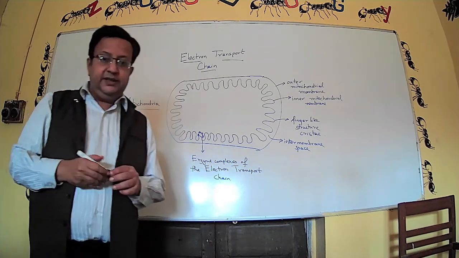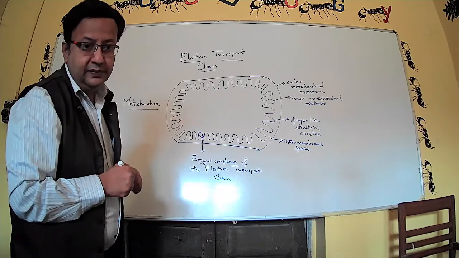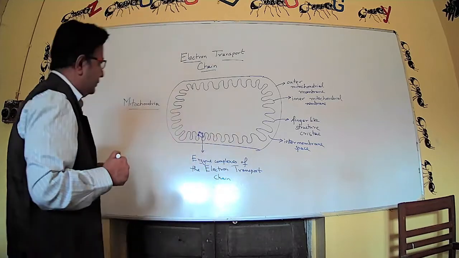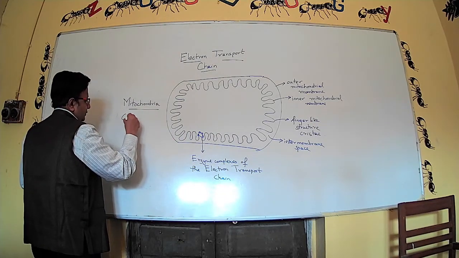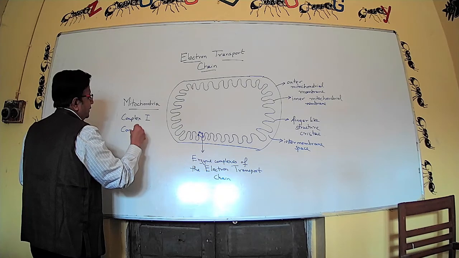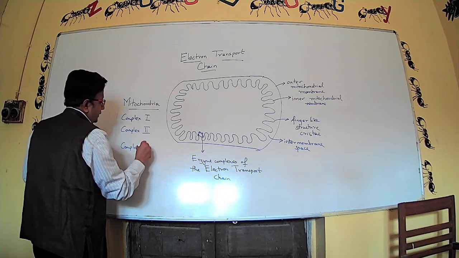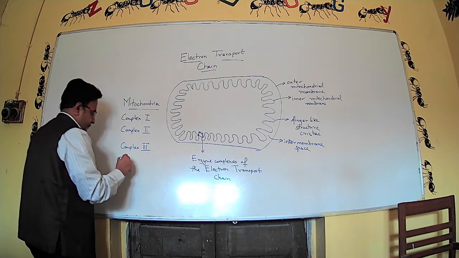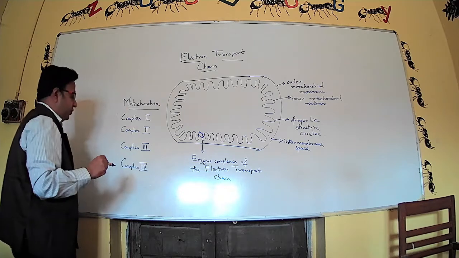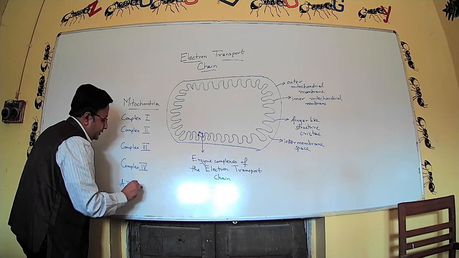So what are these complexes of the electron transport chain? They are complex 1, complex 2, complex 3, complex 4, and the 5th complex, known as ATP synthase.